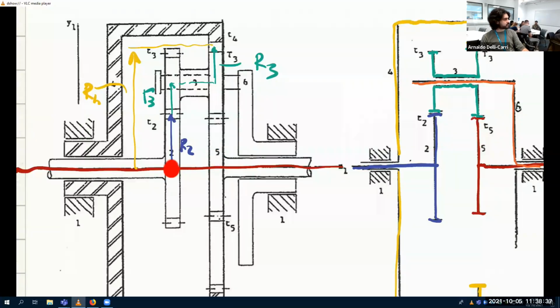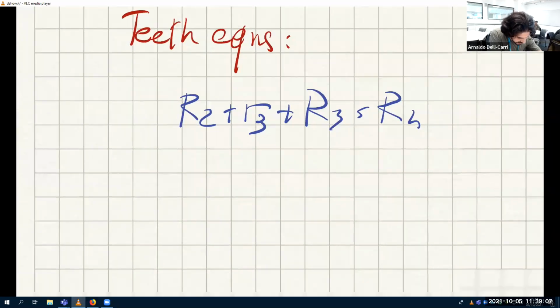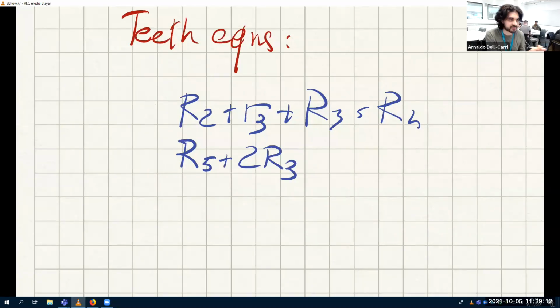So instead of starting from 2, let's start from 5. R5 gets me here. If I add capital R3, it gets me here. If I add another capital R3, it gets me to R4. Agreed? So the equation is R5 plus 2 capital R3 equals R4, because it's the large gear of 3.